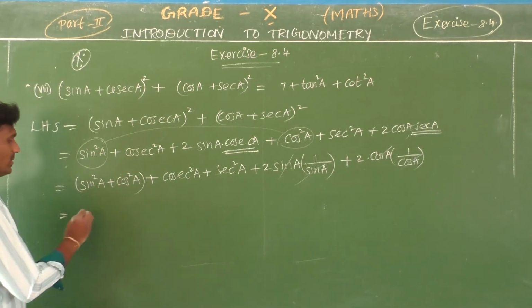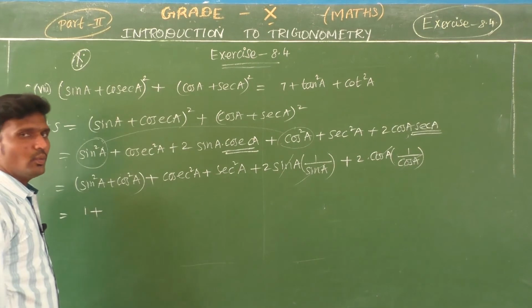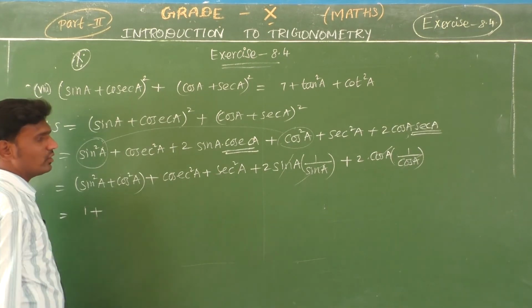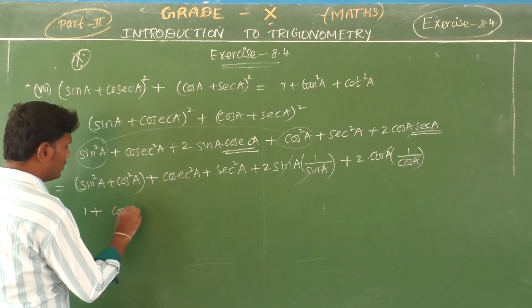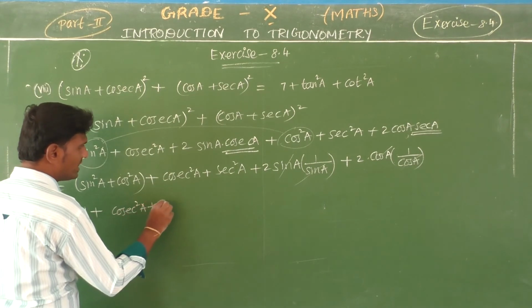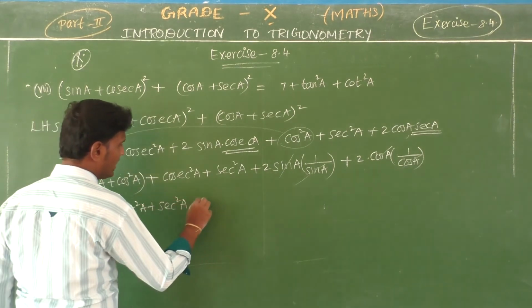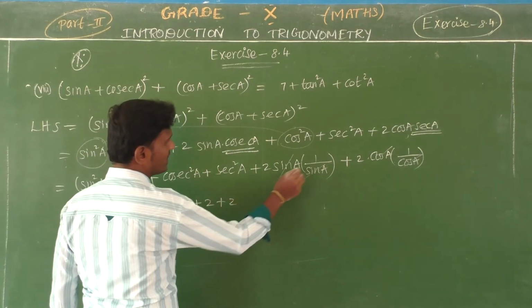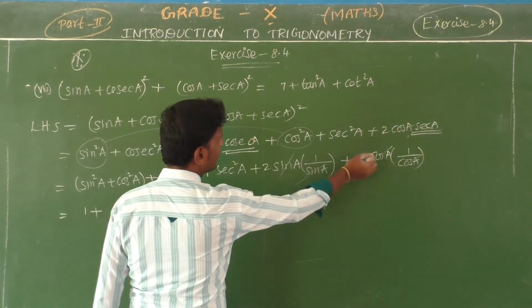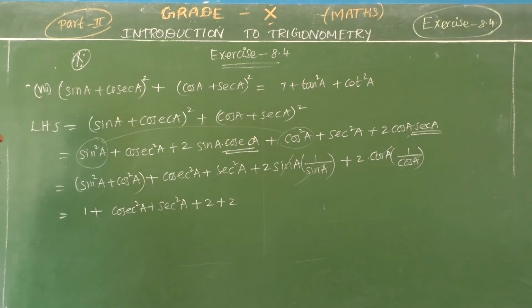Now what is the remaining? Sin square A plus cos square A is equal to 1. Then cosecant square A plus secant square A plus 2 plus 2, because sin cancels so 2 is remaining, and cos cancels so again 2 is remaining.